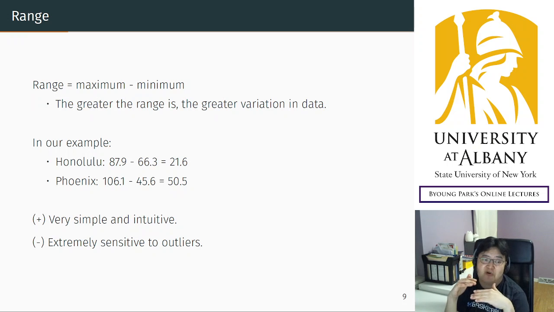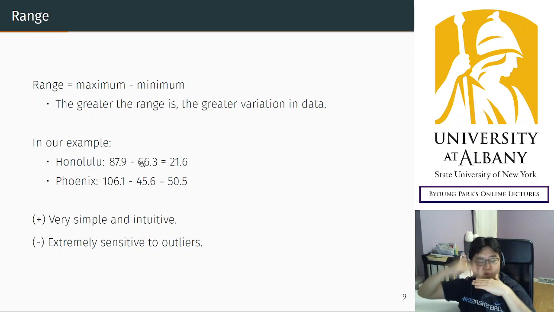So its range is pretty small. The maximum in summer is 87, 88, in winter 66. So throughout one year, the temperature only varies about at most 21.6 degrees.